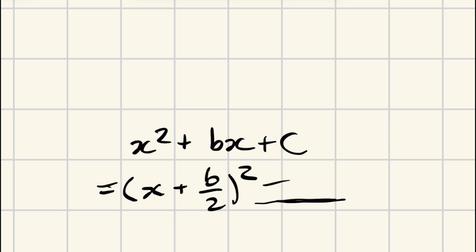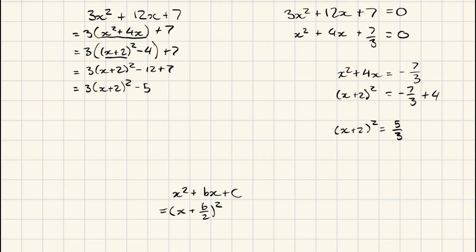So it could be minus some number, or plus some number, we'll call it k, to make these two lines equivalent to each other. You can't just write x plus b on 2 squared. You have to add or subtract something over here to make it equivalent. So now you know basically everything you need to know about completing the square, and hopefully you're a pro.